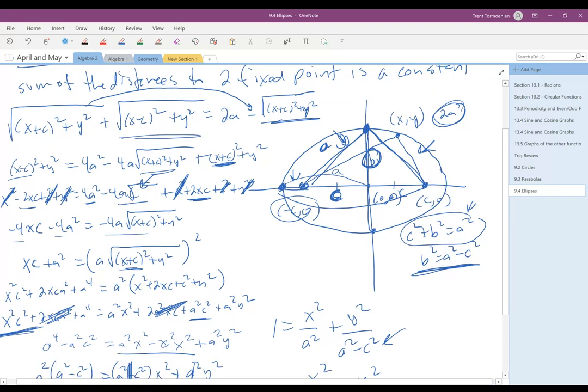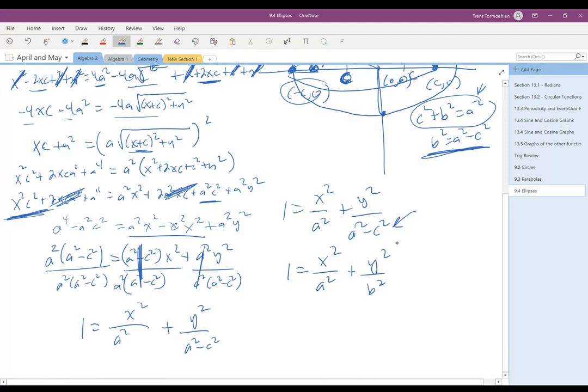And so your general formula for an ellipse looks like this. We usually think about it this way, though it can also be reversed, where we put the b squared under the x squared and the a squared under the y squared.